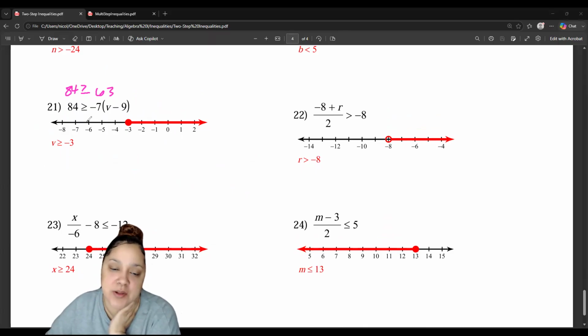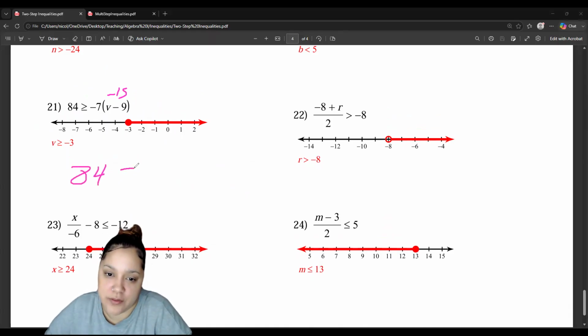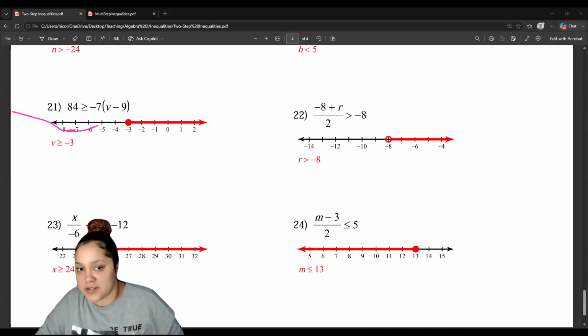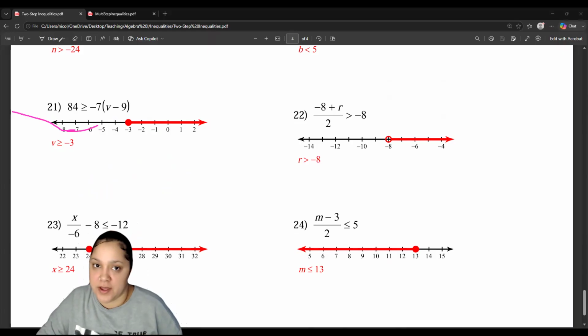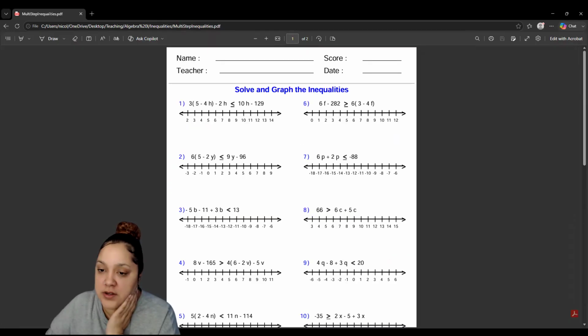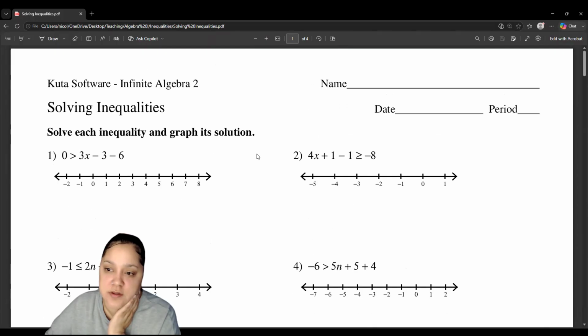You can see here, if I plugged in a -6, that would get me -15. -15 times -7 is 105. Is 84 greater than or equal to 105? No, that is not correct. So if I didn't flip the sign and I plugged in any answer from the left, it would then show me that it's not correct. And so it's good to always check your answers, especially when taking tests. Get in the habit of checking your answers.